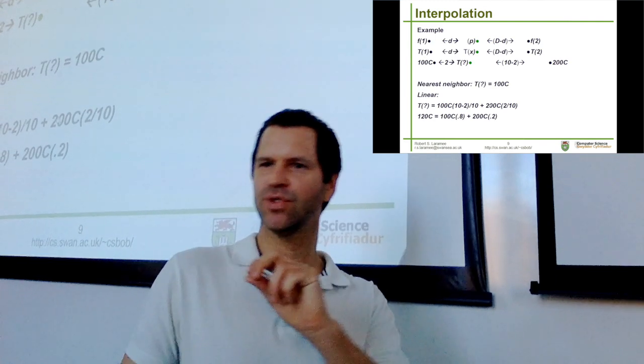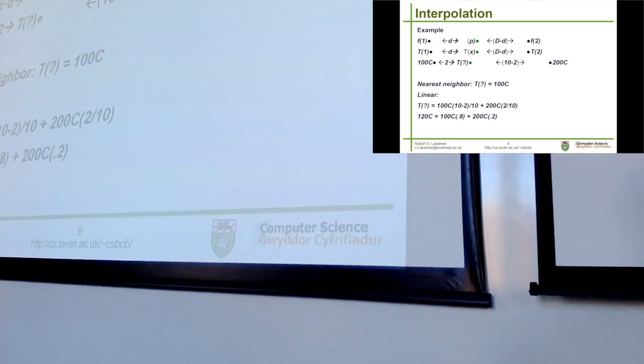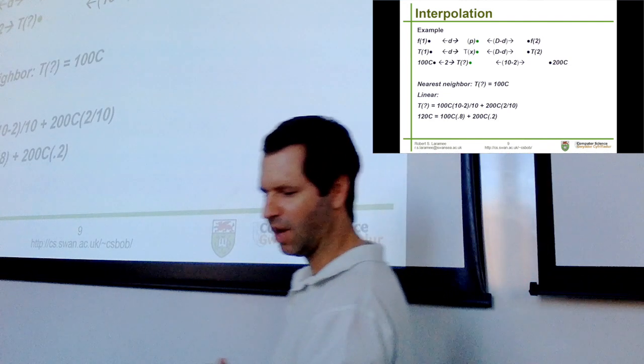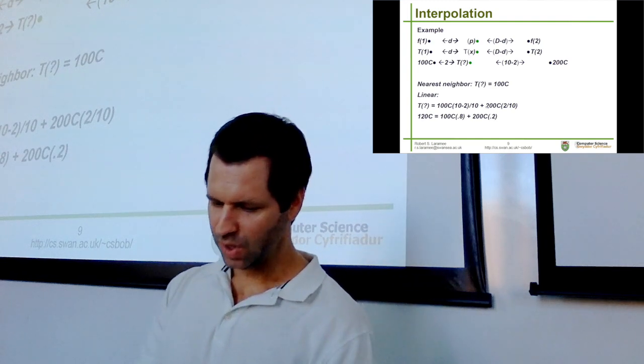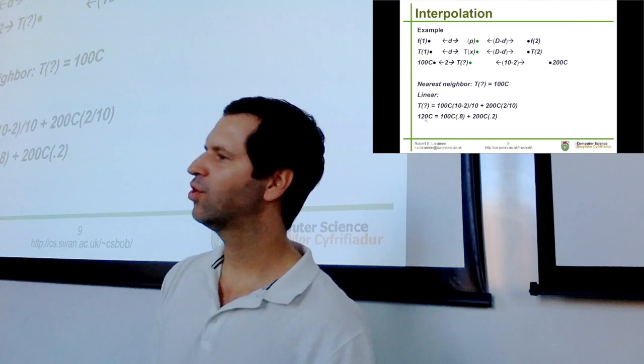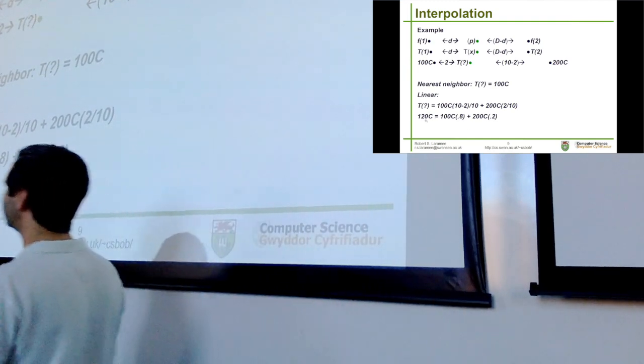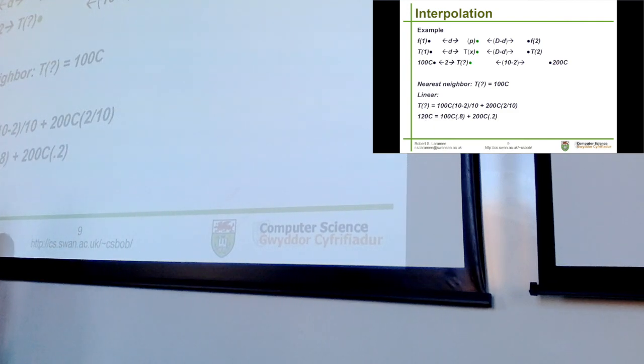I add 80% from Swansea to 20% from Cardiff, and I get my sum 100% and a resulting temperature. In this case, it's 120 degrees. That's just one example of linear interpolation.